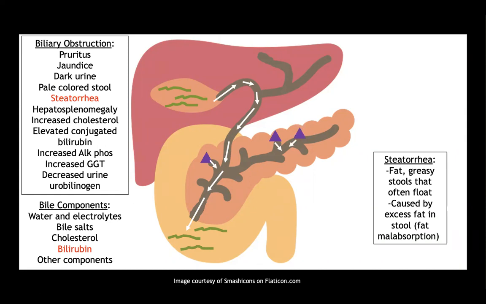They flow through the ducts and make it into the main pancreatic duct and into our digestive tract to help with breakdown of proteins and fats. So here's a fat, it gets broken down into smaller globules and everybody's happy. Again, though, if there's a blockage at the main pancreatic duct, you lose all these enzymes in the lumen. These fat globules don't break down and they get excreted in the stool, causing steatorrhea.